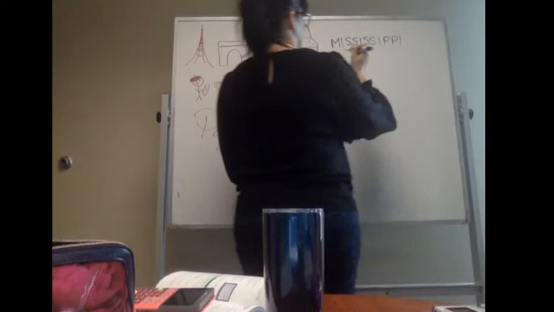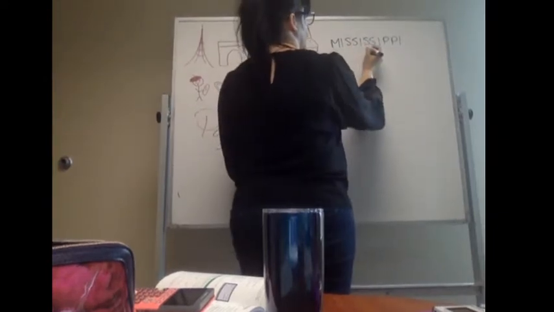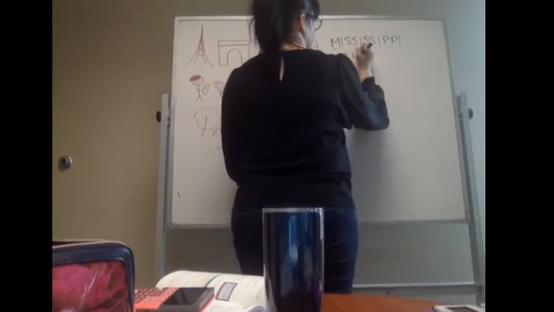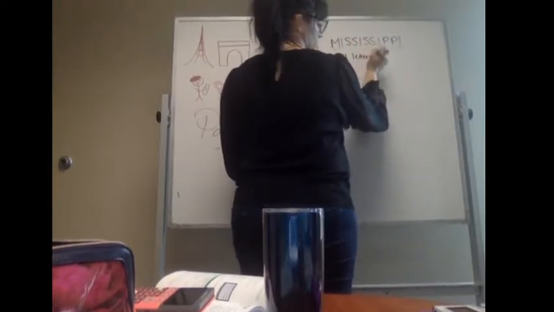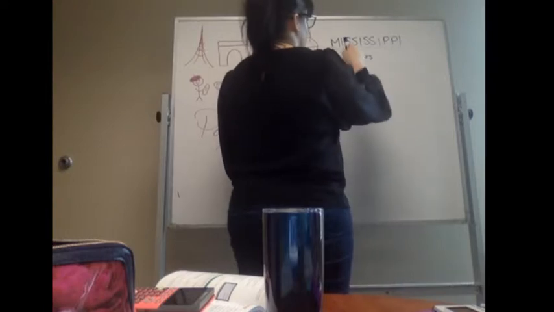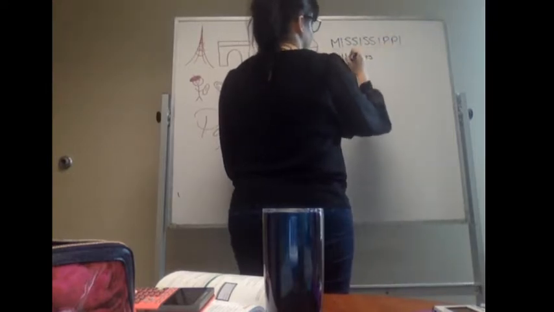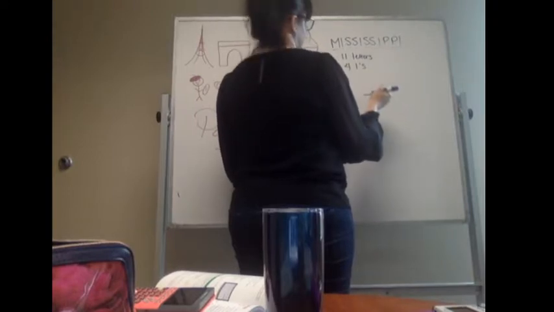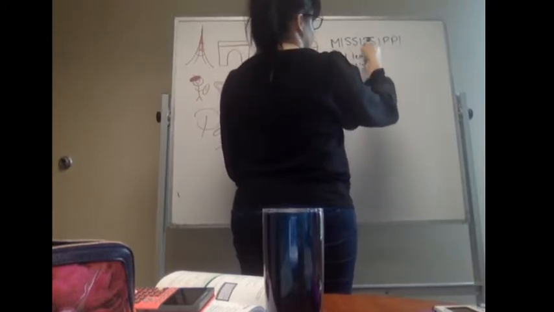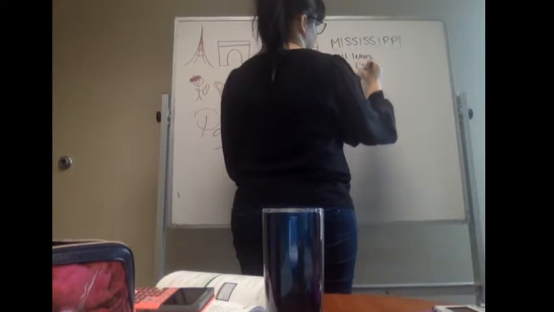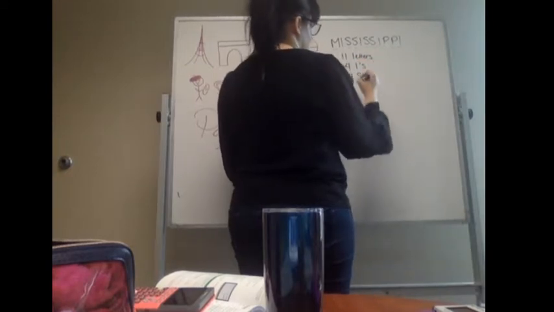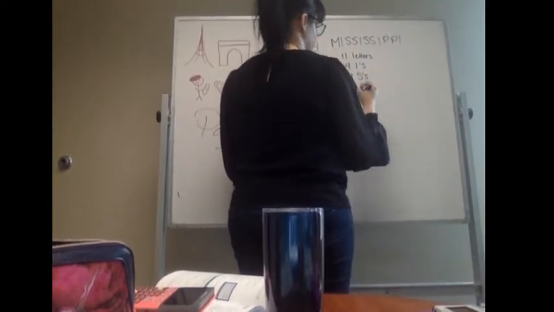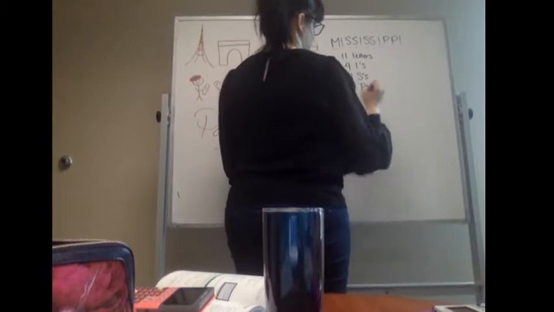So what we do is we count out the letters. 1, 2, 3, 4, 5, 6, 7, 8, 9, 10, 11. There are 11 letters. So there are 1, 2, 3, 4 I's. There are 1, 2, 3, 4 S's. There are 2 P's. And just for being thorough's sake, 1 M. Okay.